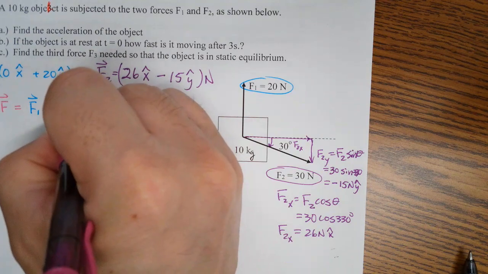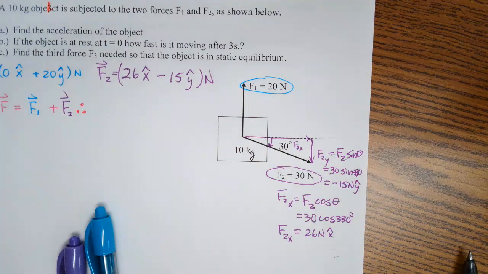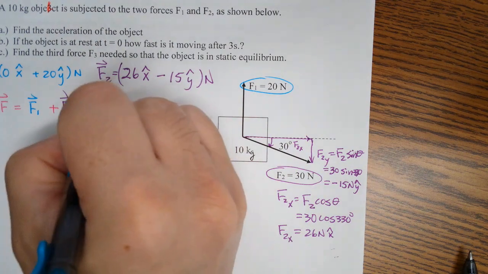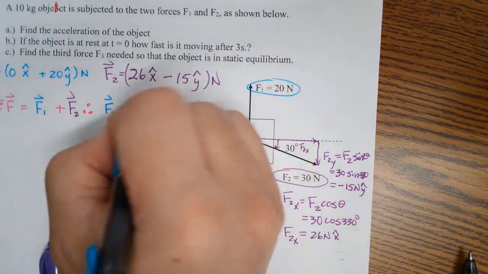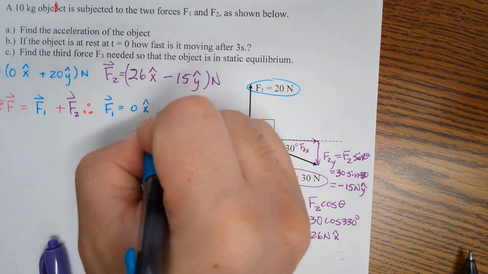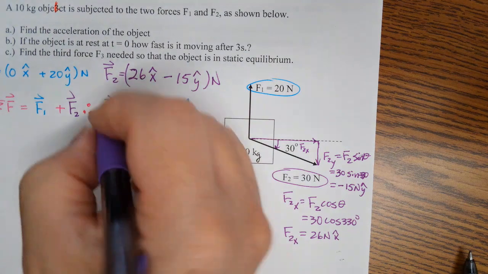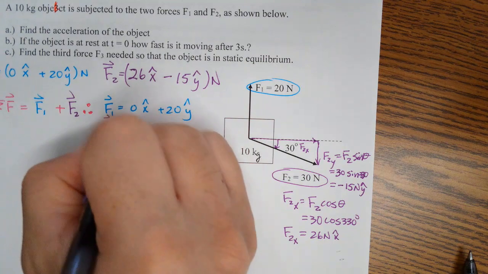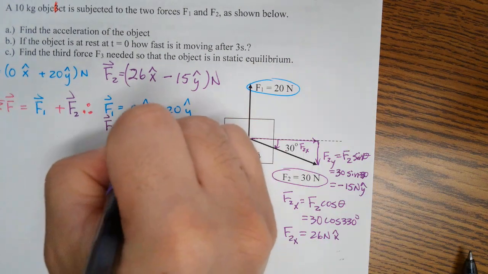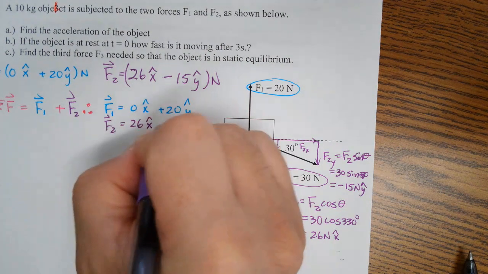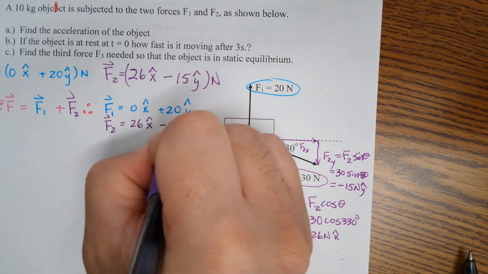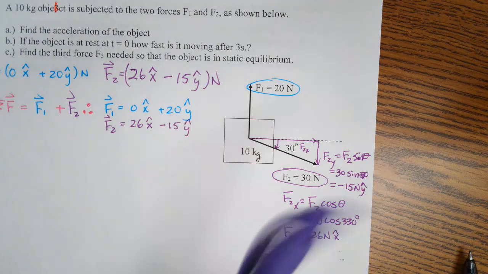Therefore, F1 is equal to 0 x hat plus 20 y hat, and F2 is equal to 26 x hat minus 15 y hat.